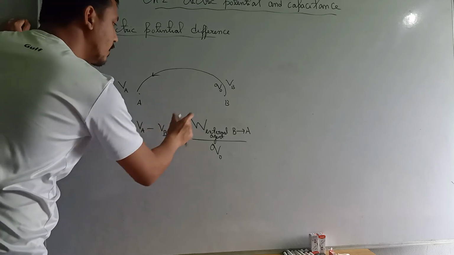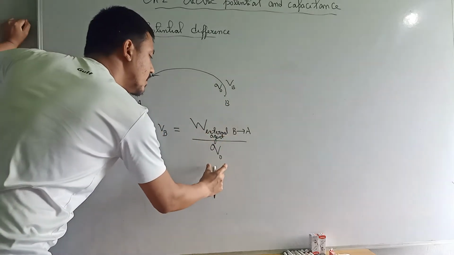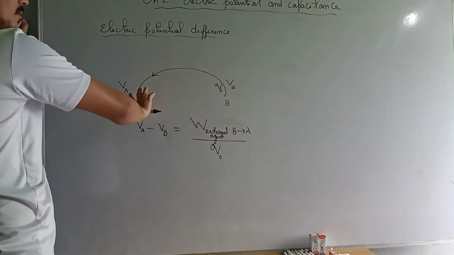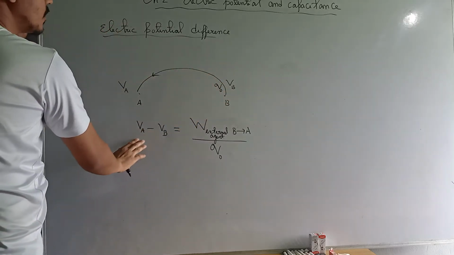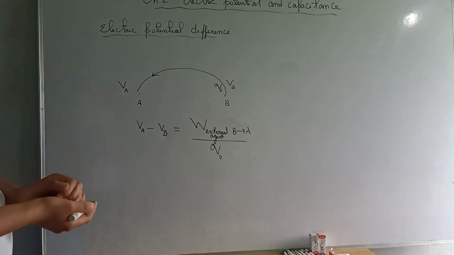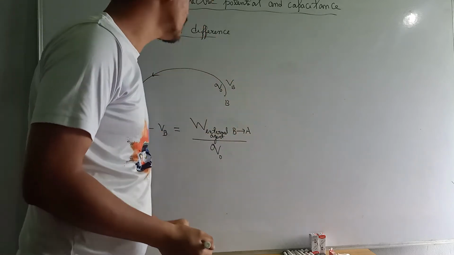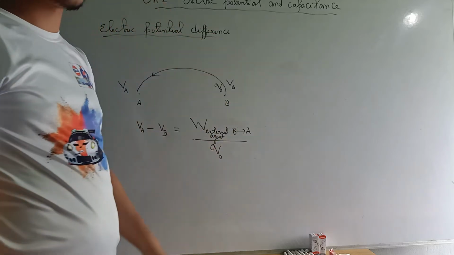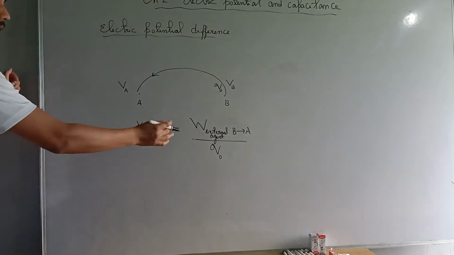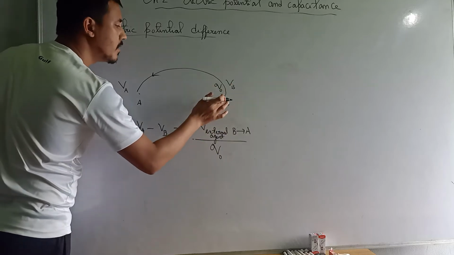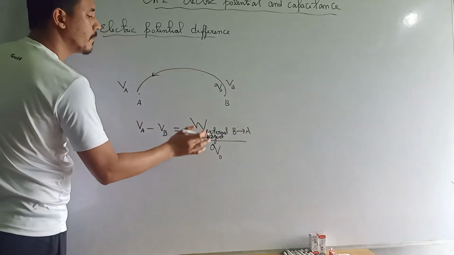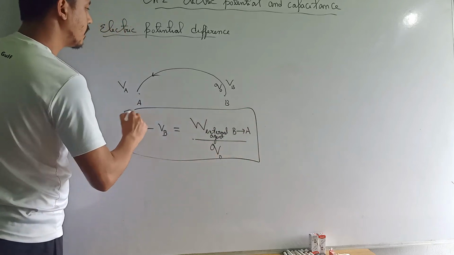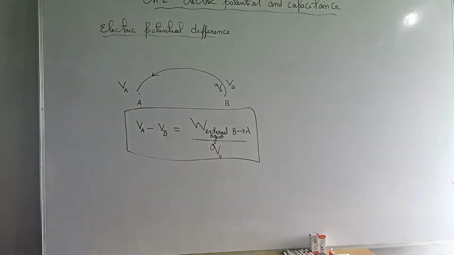That means work done by the external agent per unit test charge. So potential difference between any 2 points A and B is defined as the work done by the external agent in bringing it from B to A per unit test charge. That is known as the electric potential difference between 2 points.